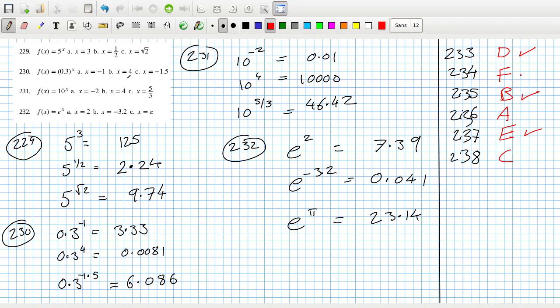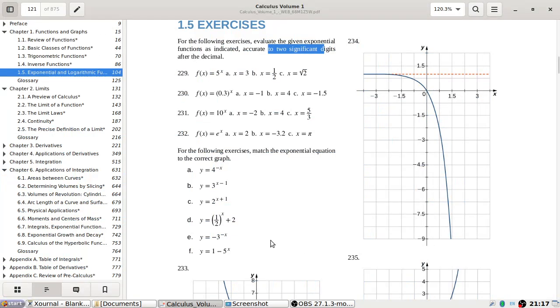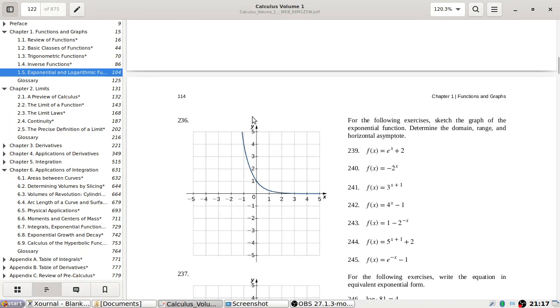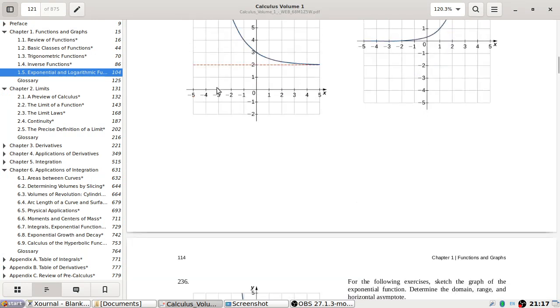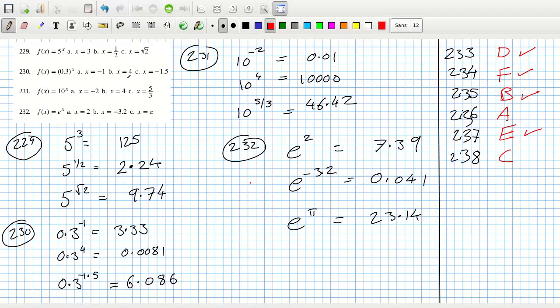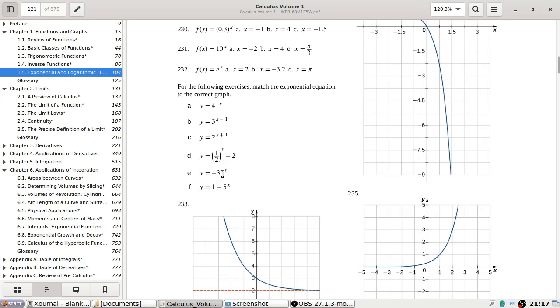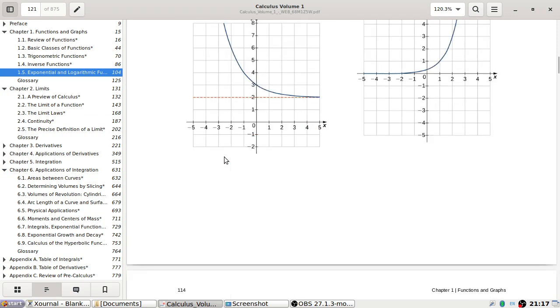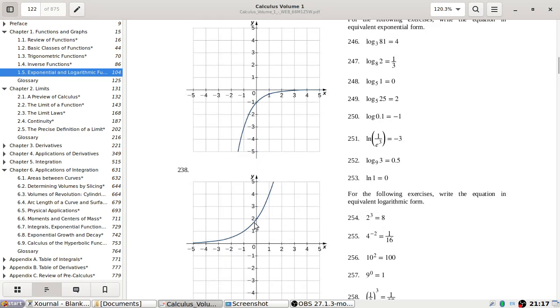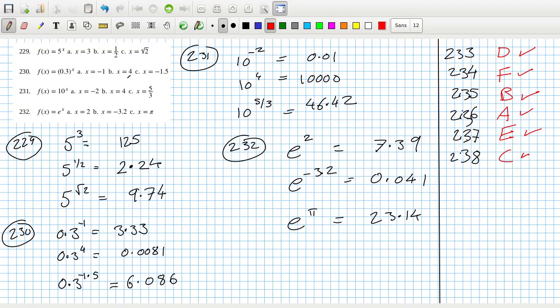Yeah, okay, I'm happy with that. 236 is A, 4 power minus x. Yeah, I'm happy with that. So then the last one has to be C. Yeah, yeah. I'm happy with that.